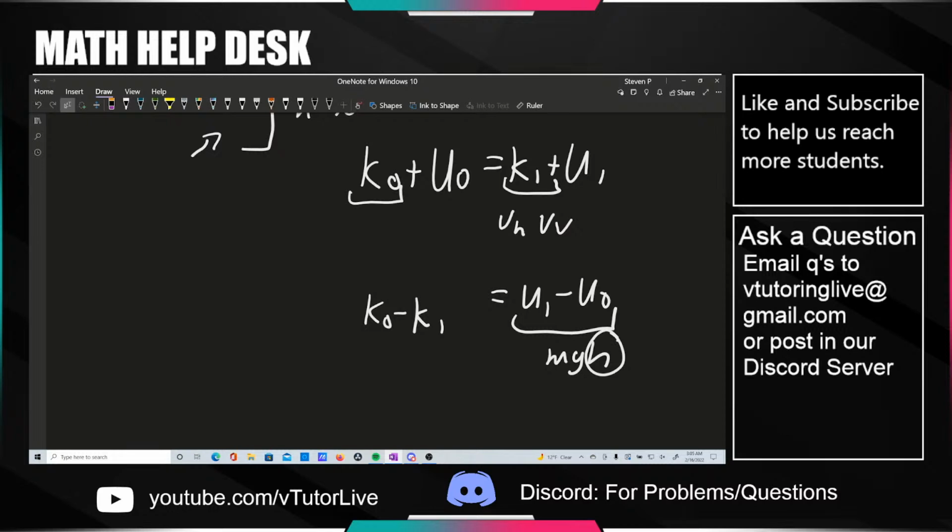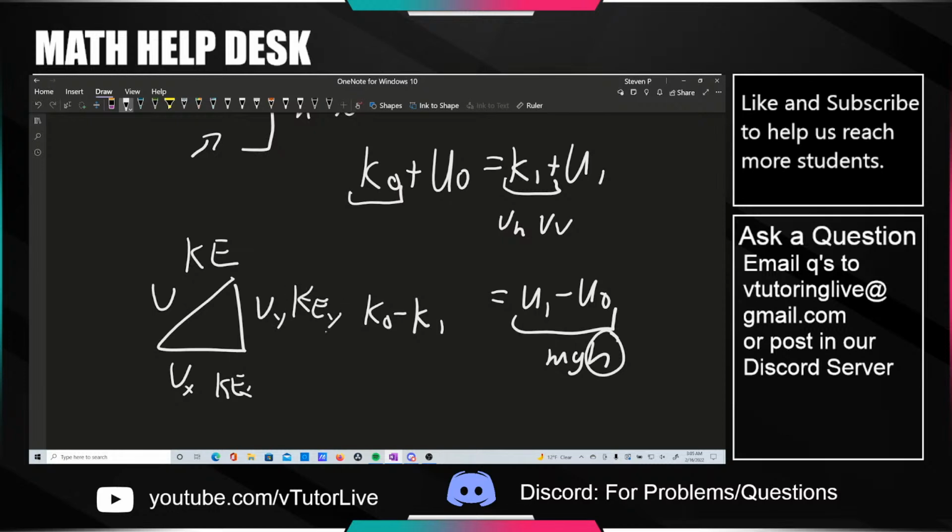Even though energy is a scalar, it's sort of like saying the horizontal and vertical energies are independent of each other, right? Because if this is v and there's a total kinetic energy, there's a vx and a kinetic energy component from the x component, and a vy and a kinetic energy from the y component. And the idea is that v squared is equal to vy squared plus vx squared means that KE is equal to KEx plus KEy. See how that works?